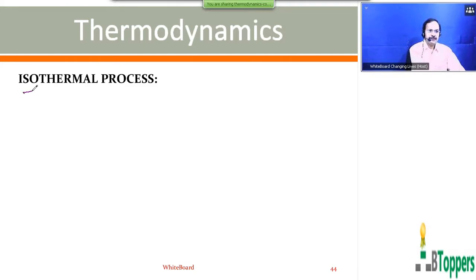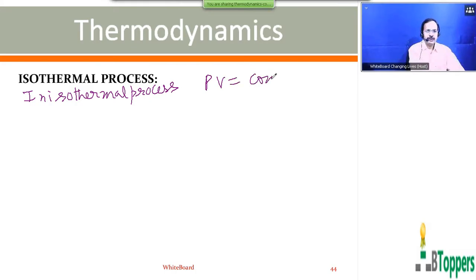For a fixed mass of an ideal gas in the isothermal process, the product of pressure and volume is a constant.